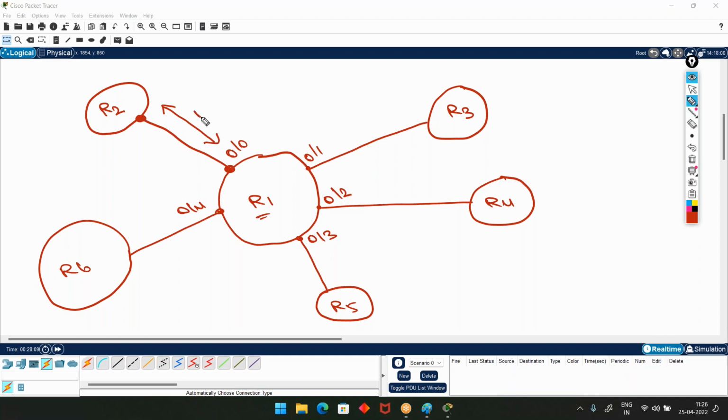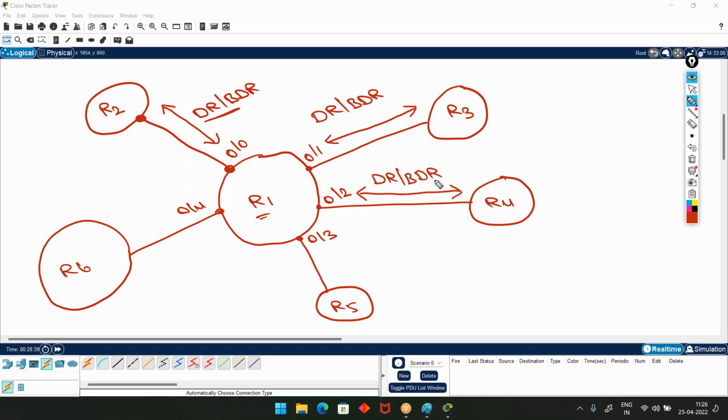Between 0/1 and the R3 router, you can see the DR and BDR election as well. Between 0/2 and the R4 router, you can check the DR and BDR election as well.